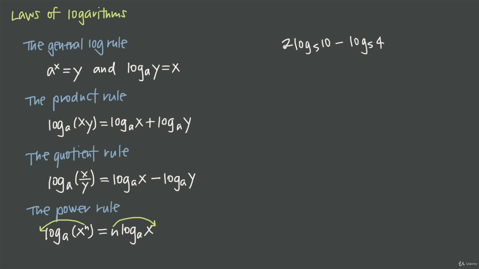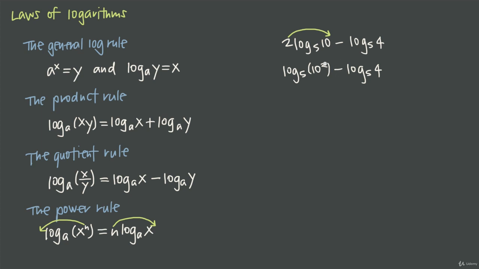We have the 2 out in front as a coefficient. And we know from the power rule that we can pull that in here and make that the exponent on the argument of the 10. So if we try that, we get log base 5 of 10 to the power of 2 minus log base 5 of 4.